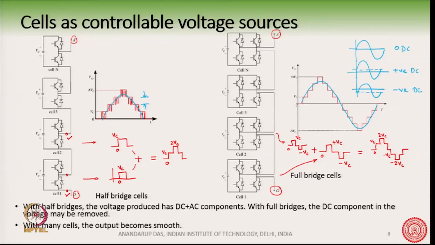So, whatever may be the case, whether we go with a half bridge or full bridge, what we understand is that with many cells connected in series, it is possible for us to approximate the arm voltage as very close to a sine wave, with a very large value of n. We can see here, even with 4 or 5 steps in the waveform that I have shown, we are approaching closer and closer to a sine wave.